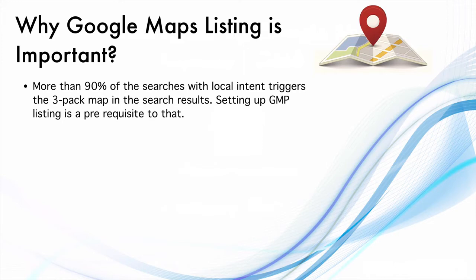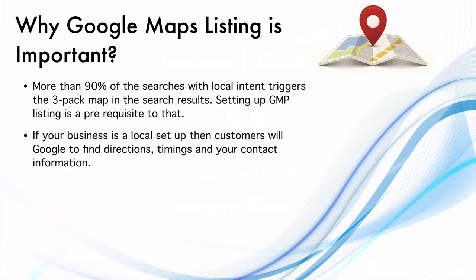It can be something like guitar classes in Bangalore, and when you type in something like that, you can see a map listing, usually with three of the local businesses listed there. This is basically the premise of local SEO, and for this to happen, you need a Google Maps listing. That is why this is a very important prerequisite.